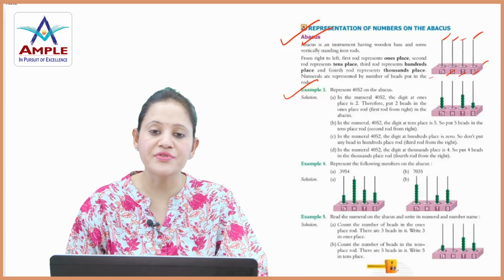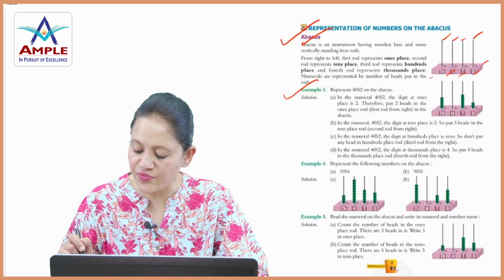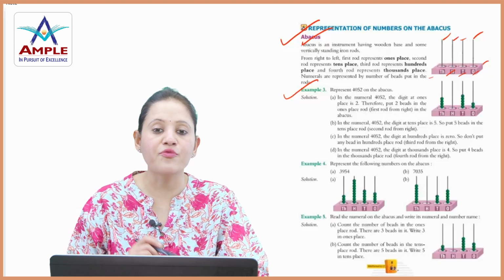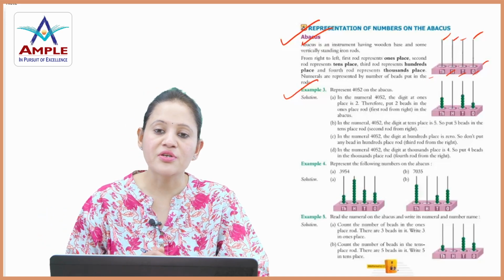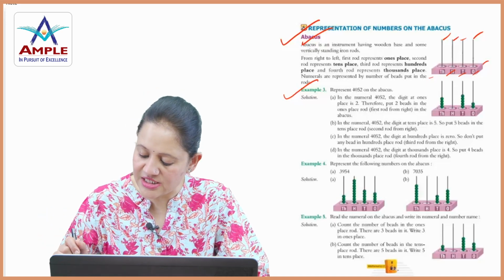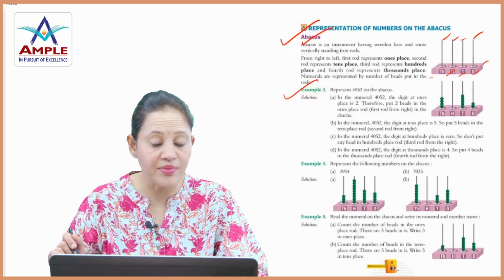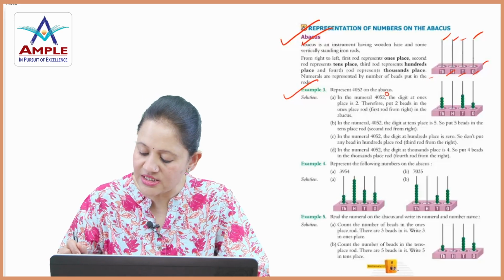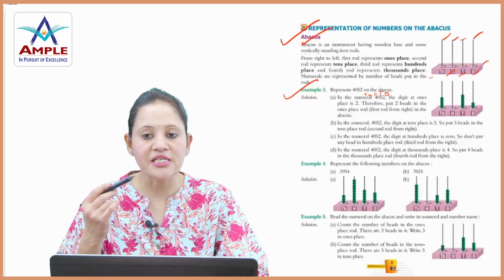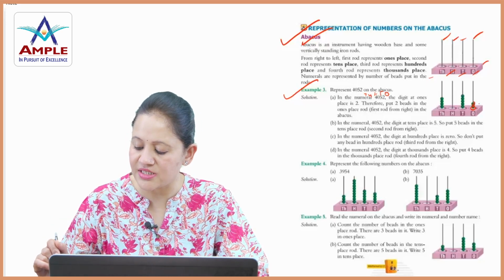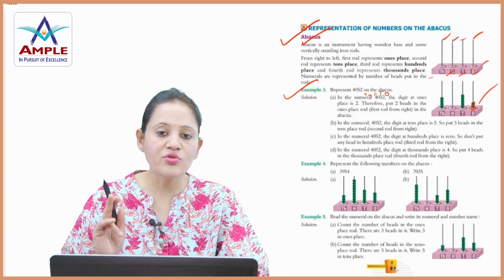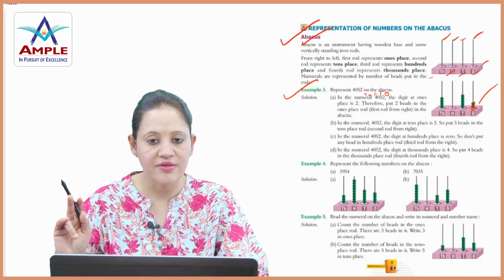Represent 4052 on the abacus. So we have to represent the numeral 4052 on the abacus. Which is the digit on the ones place? Start from the right-hand side: ones, tens, hundreds and thousands. On the ones place the digit is 2, so we'll place 2 beads. Clear? According to the given number, we'll place the beads.